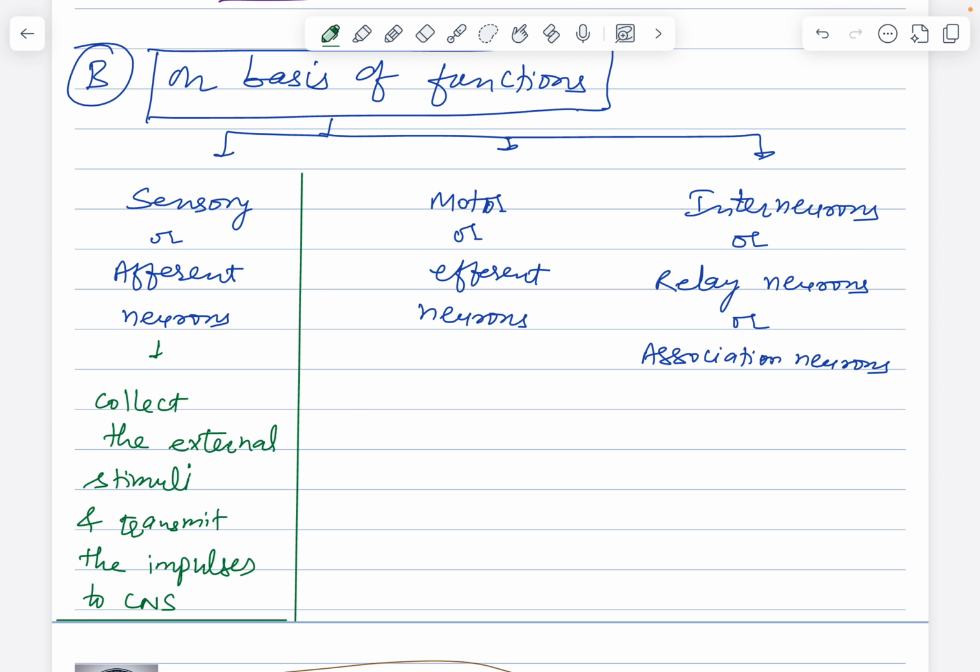This type of neuron is called a sensory or afferent neuron.